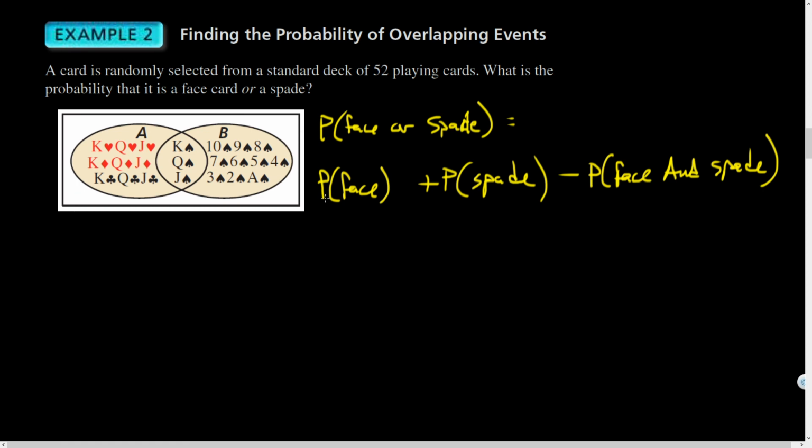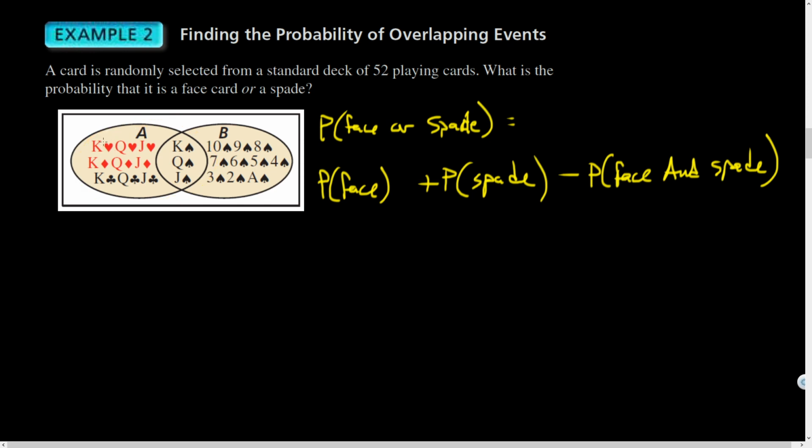When there's a Venn diagram, I've got to be careful. The probability of face would include all of it, I wouldn't be excluding this. Oh man, the way they arranged it threw me off.